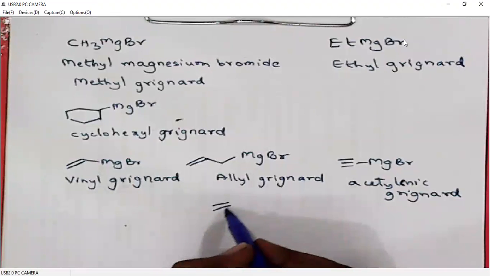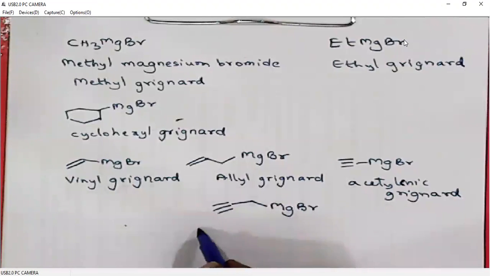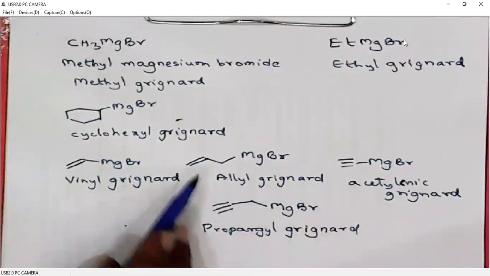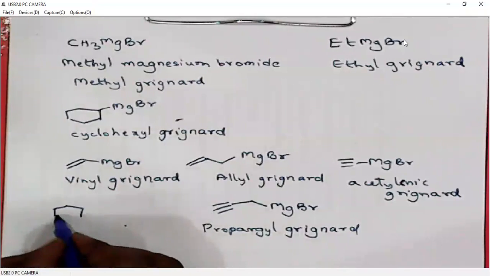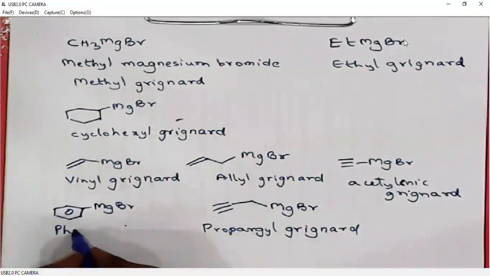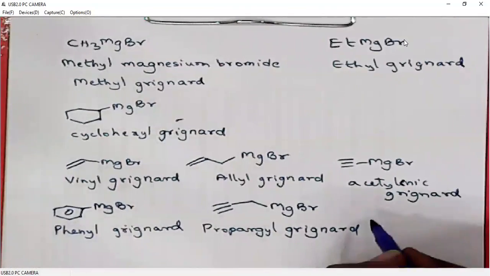Similar to allyl, we also have propargyl Grignard. This is allyl Grignard. This is propargyl Grignard. Similarly, we also have phenyl Grignard, and benzyl Grignard.